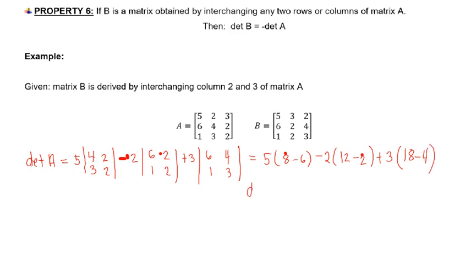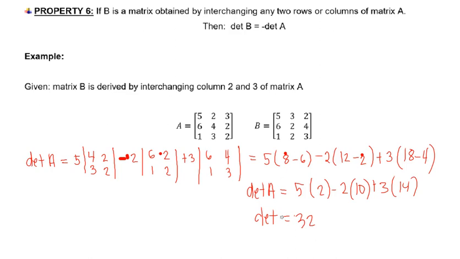So our determinant of A is equal to 5 times 2 minus 2 times 10 plus 3 times 14. So our value here is equal to 32. So our determinant of A is equal to 32.